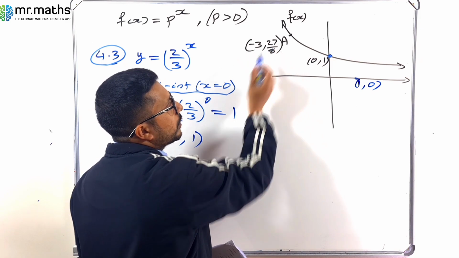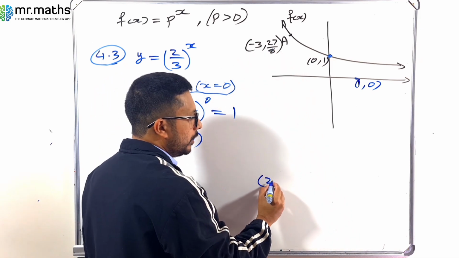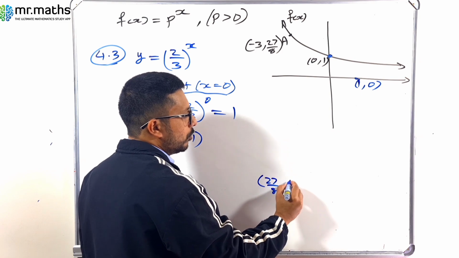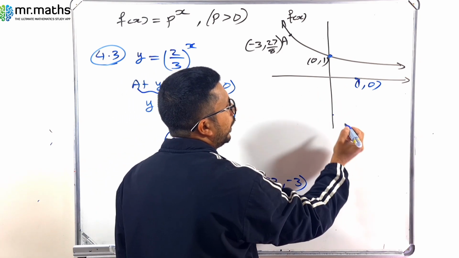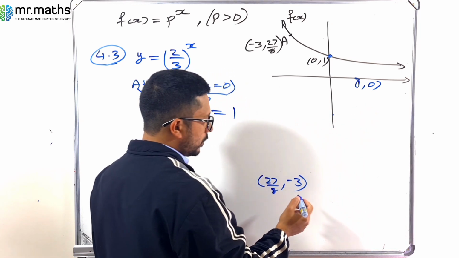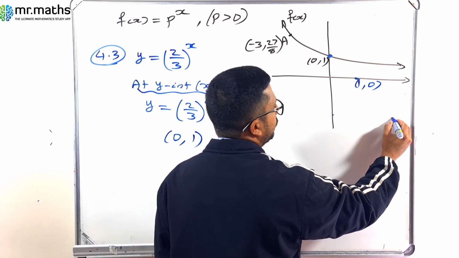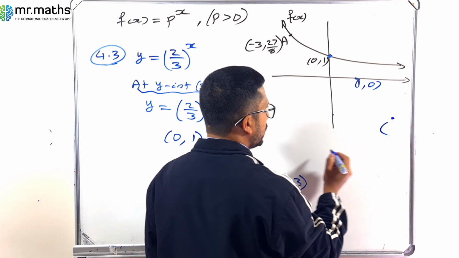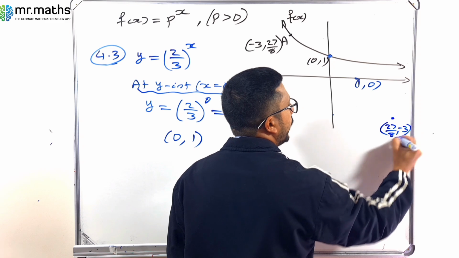Then for the point (-3, 27 over 8), the new point is going to be (27 over 8, -3). The x value is 27 over 8, which is 3 point something, and y is minus 3, so it will come somewhere here.